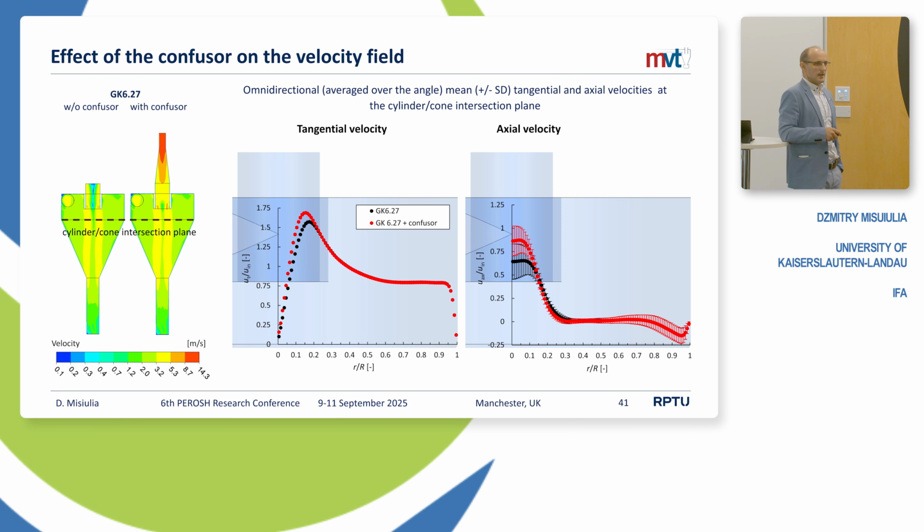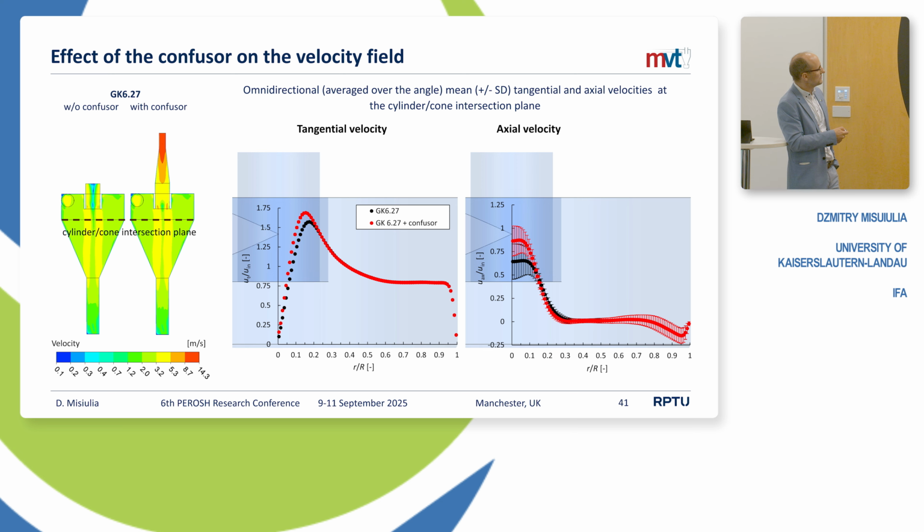So one can look deeper into the flow field inside the cyclone sampler. One can see that the compressor affects the flow field not only in the vortex finder, its outlet part, but also in the inner region of the cyclone. This region is more pronounced and highlighted in yellow color.